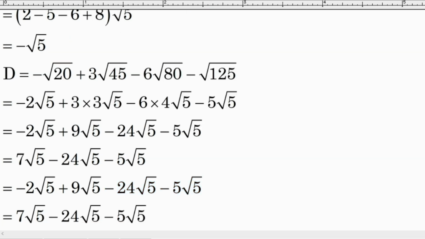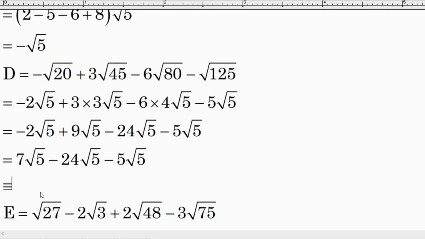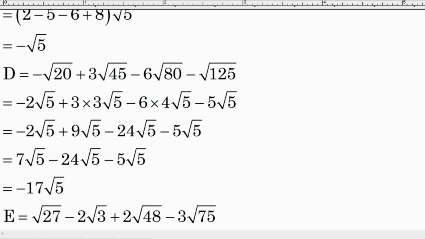Okay, and then equal to, so we got 7 square root of 5 minus 24 square root of 5, which is equal to minus 17 square root of 5, and then minus 5 square root of 5. Okay, and now we get minus 22 square root of 5. Okay, that is the answer.